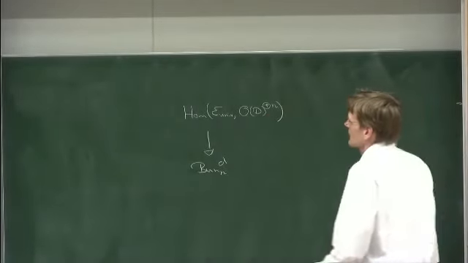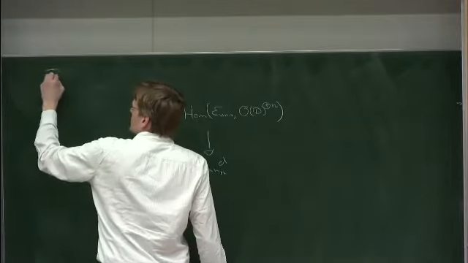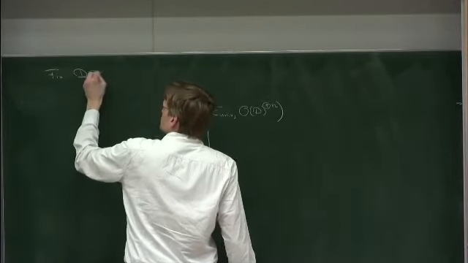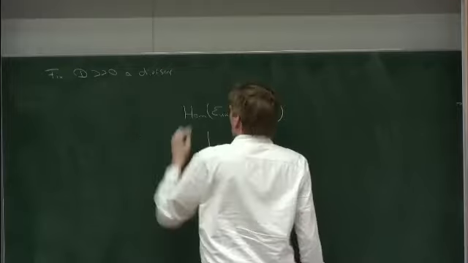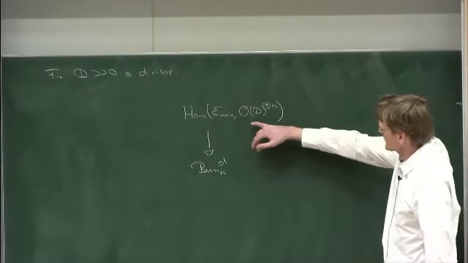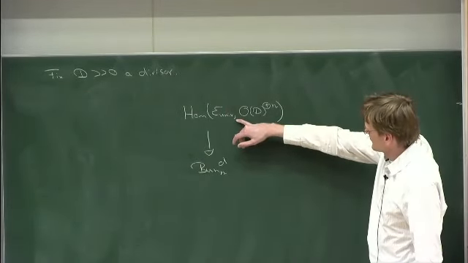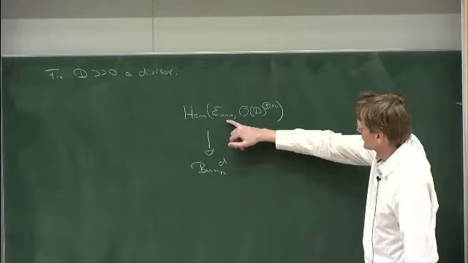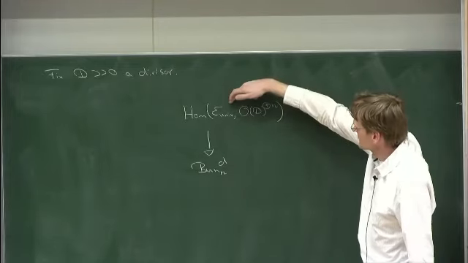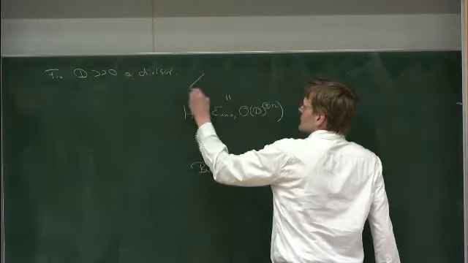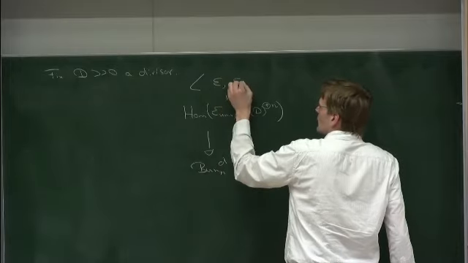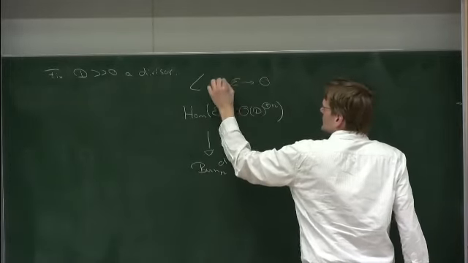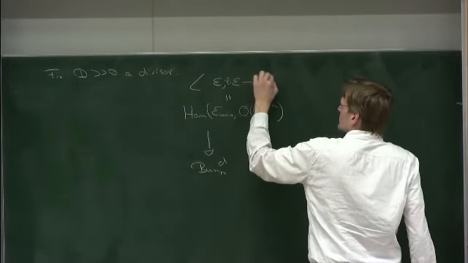So fix the divisor. I hope this is an intuitive notation. This is just the space which parameterizes a vector bundle E together with a homomorphism phi from E to O(D) tensor n.